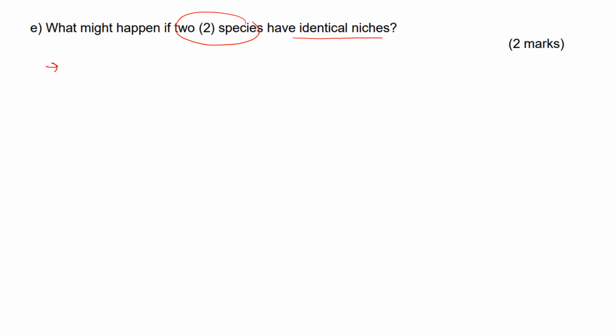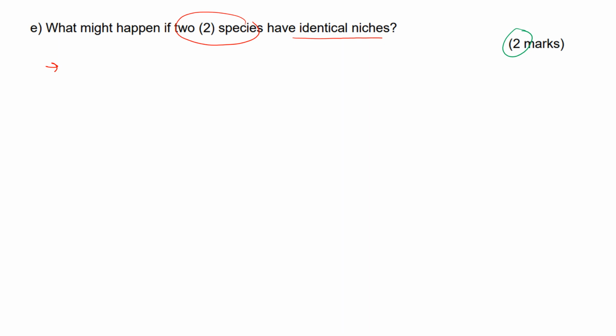It will die off. This question is worth 2 marks. For the first mark, you must state which species will be more successful because it is much stronger than the other one, so it will survive and reproduce. For the second mark, you have to explain the second species, the weaker species.